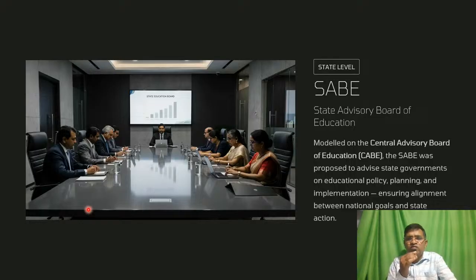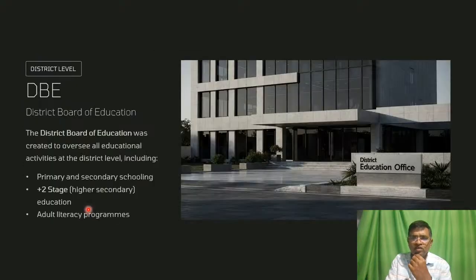So you have to remember the State Advisory Board of Education implements the Central Advisory Board of Education guidelines at the state level. The national level goals will be implemented locally at the state level.